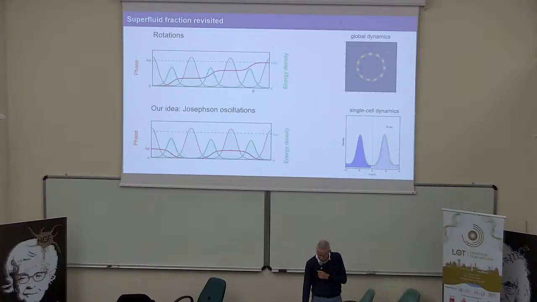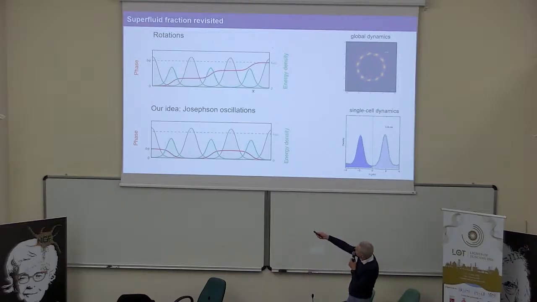This was hard. What we did, we found a clever way of measuring this quantity, which is to note that this structure here, with peaks and minima in the wave function, is nothing else than the structure of a Josephson junction.